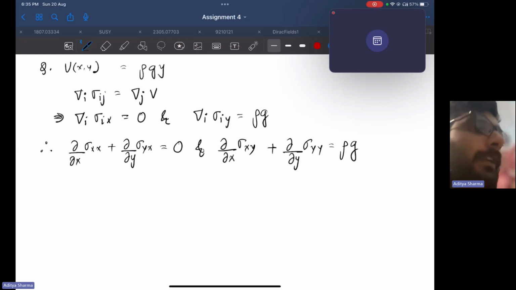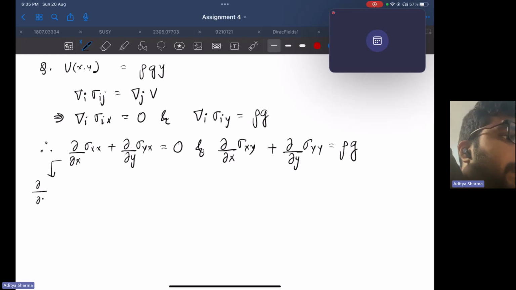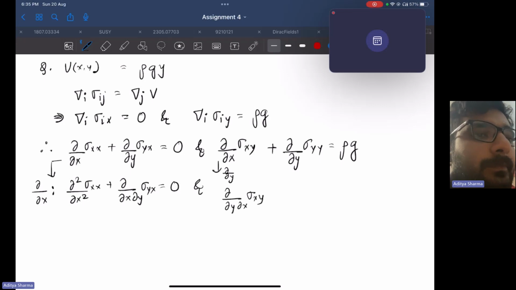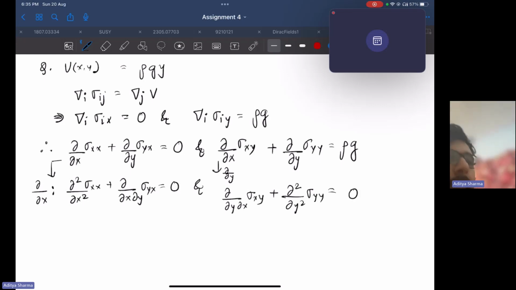Okay, we can do one more thing. I'll differentiate this by del x, and I'll get del square sigma xx plus... and I'll differentiate this with del y, and I'll get... is equal to 0.